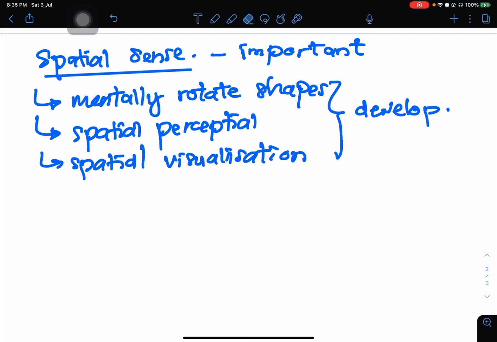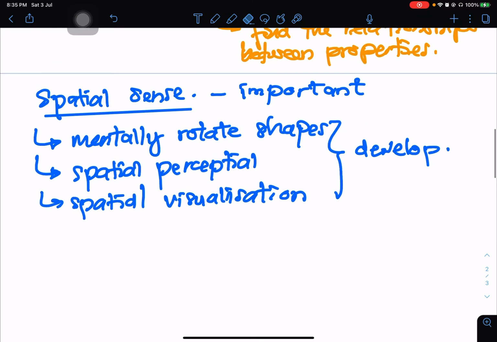Your students would also need to do a lot of exercises. So please do develop your students' spatial sense through activities. You can watch that video again and get an idea of the activities that you can design for your students.